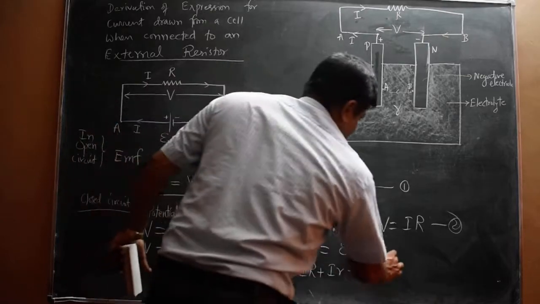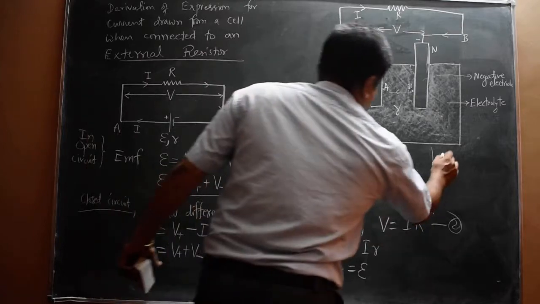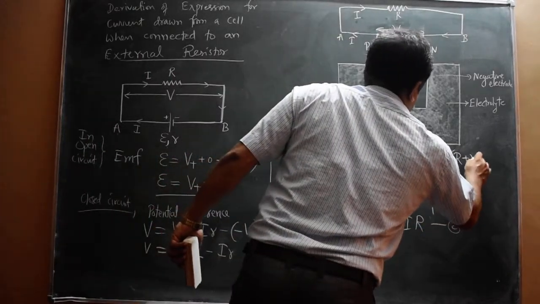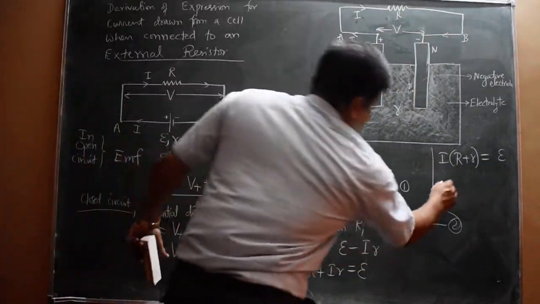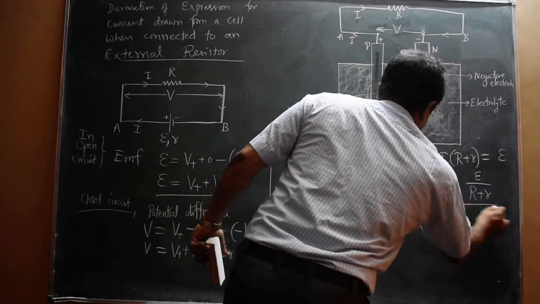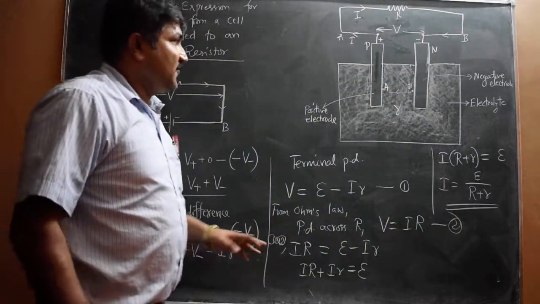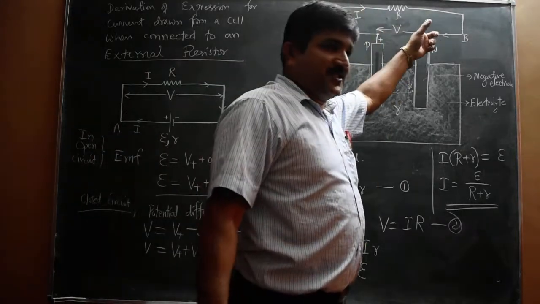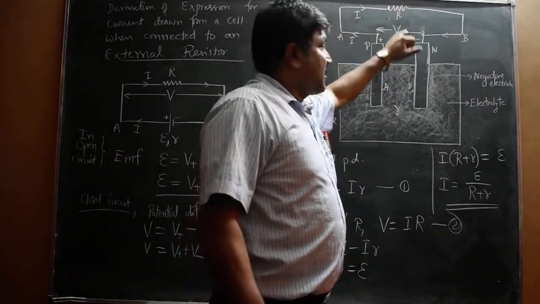I is common here, so R plus r remains, equal to EMF epsilon. Hence, finally, the current I equals epsilon divided by R plus r. This is the final expression for the current drawn from a cell, flowing through the external resistor when it is connected to the cell.